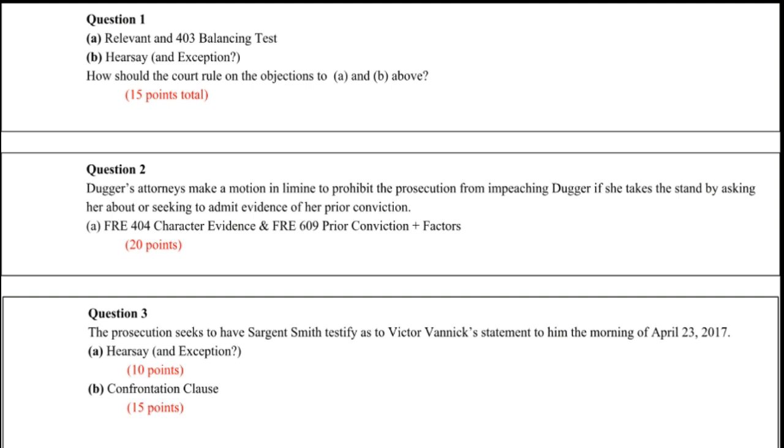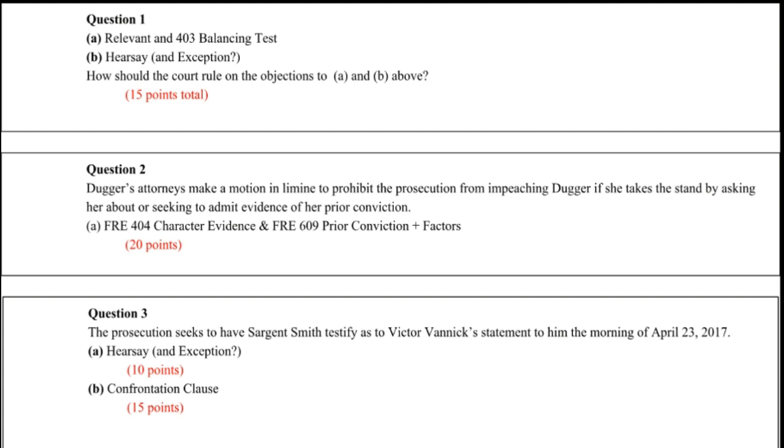And question 2 is kind of a separate little fact pattern that, even though it's related to the overall fact pattern, you don't really have to read the fact pattern to answer question 2. So some students would just go into question 2, answer that based on that short set of facts, and then go back into the fact pattern, understanding that we're looking for relevancy and hearsay to see if we can make this thing work.